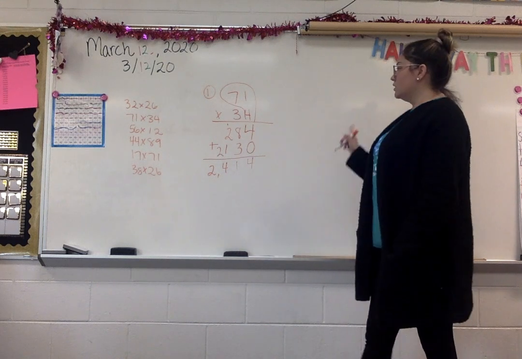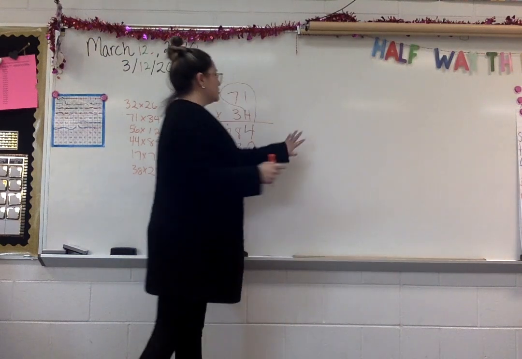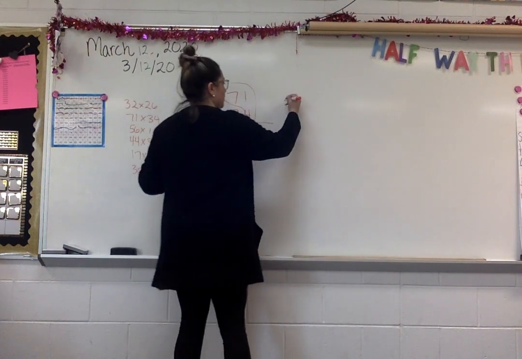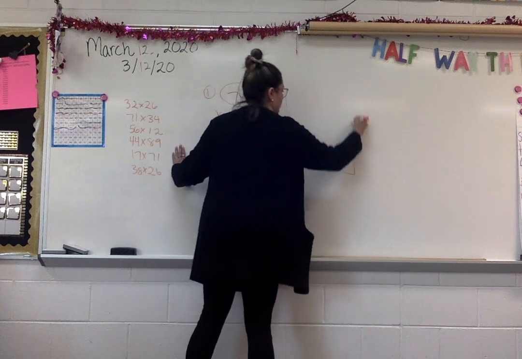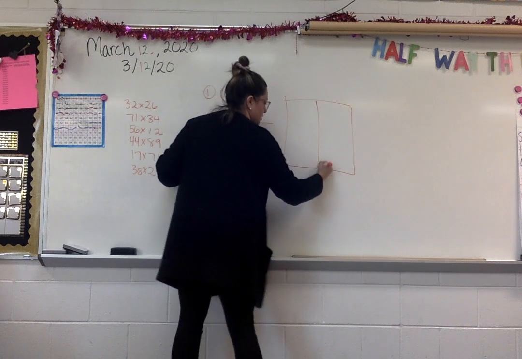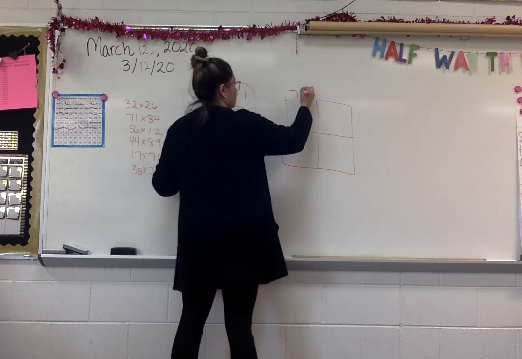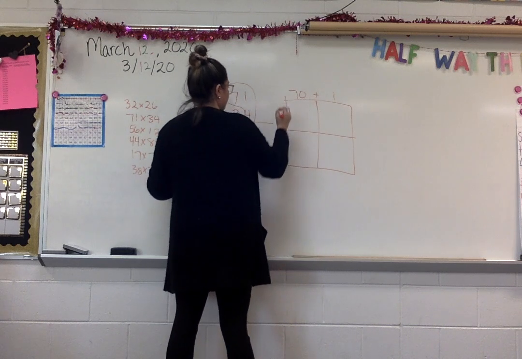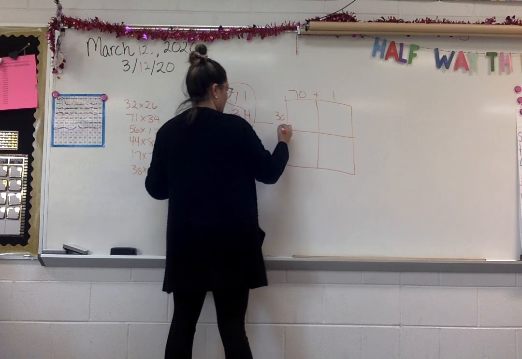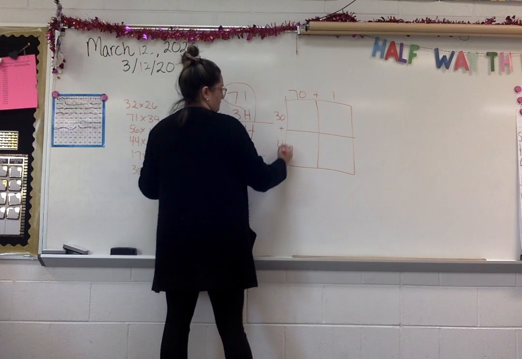Okay? So let's go ahead on this side now, we'll do area model. So area model, draw a nice big box. 4 littler boxes. So we have 70 plus 1 times 30 plus 4.